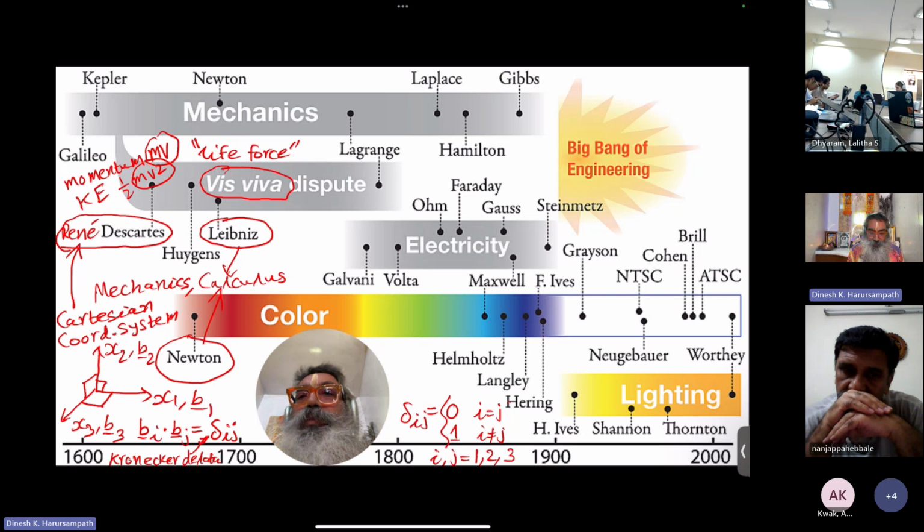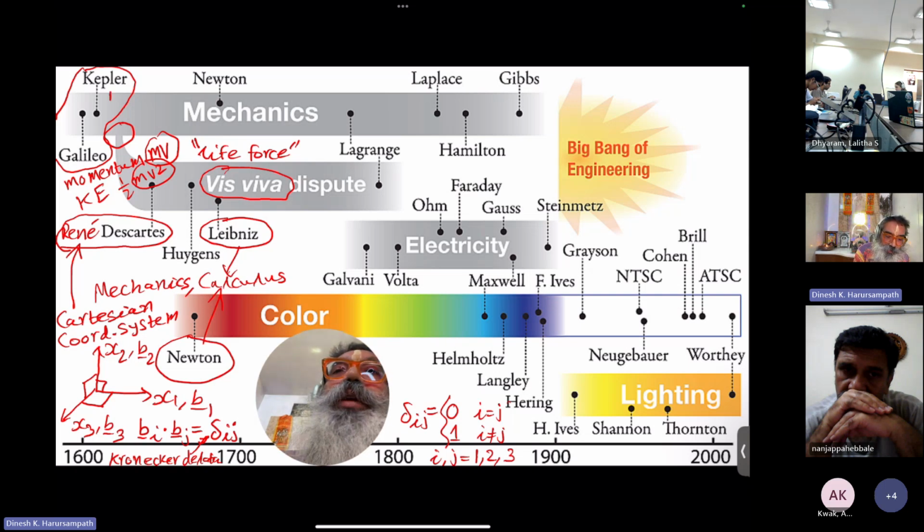Coming to where this vis viva dispute itself figures in, it's the division between, on the one hand, Galileo and Kepler, whose work was mostly based on observations. That is, essentially experimental observations were the key for that.